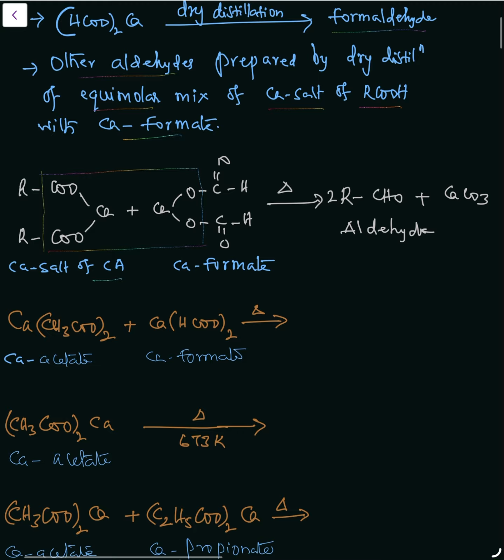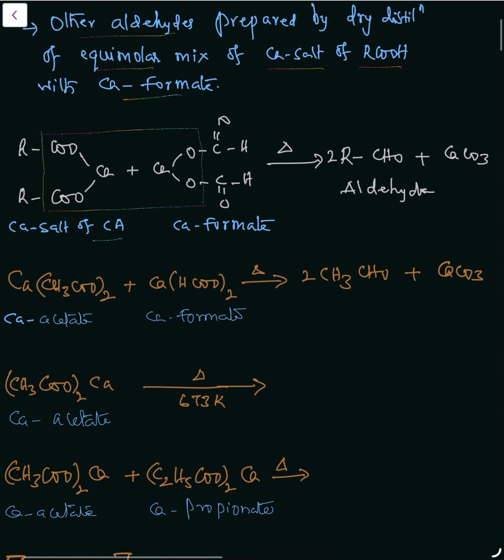So here, when calcium acetate reacts with calcium formate, we'll get 2 moles of acetaldehyde, CH3CHO, same as the first one. The first case reaction is taking place and removal of CaCO3 takes place. 2 moles of acetaldehyde is formed.